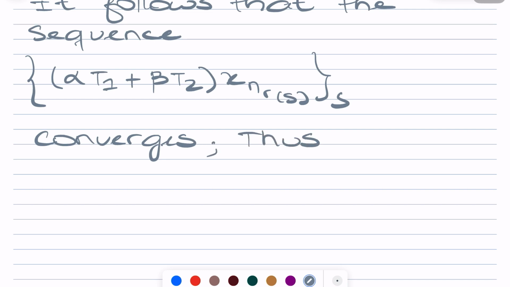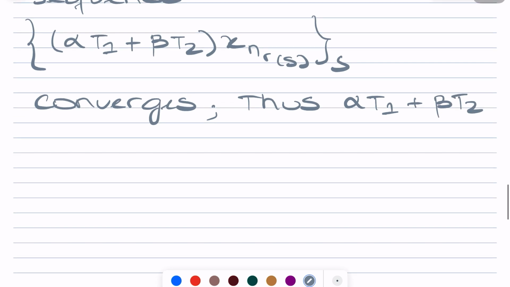Thus we can conclude that alpha T1 plus beta T2 is a compact operator. This is not the easiest or the fastest approach to deal with this problem.